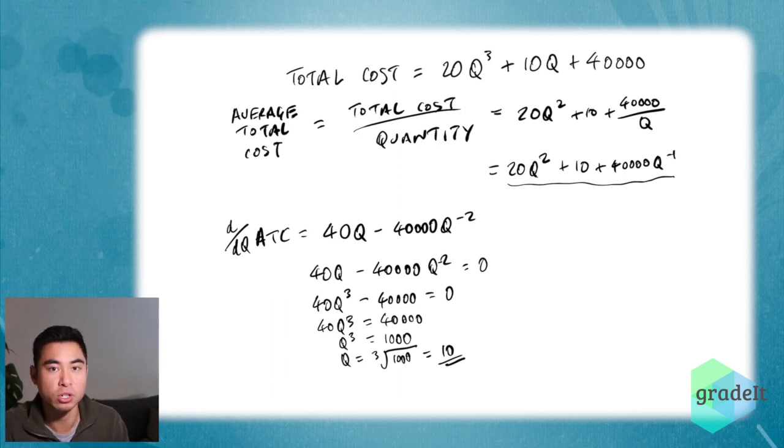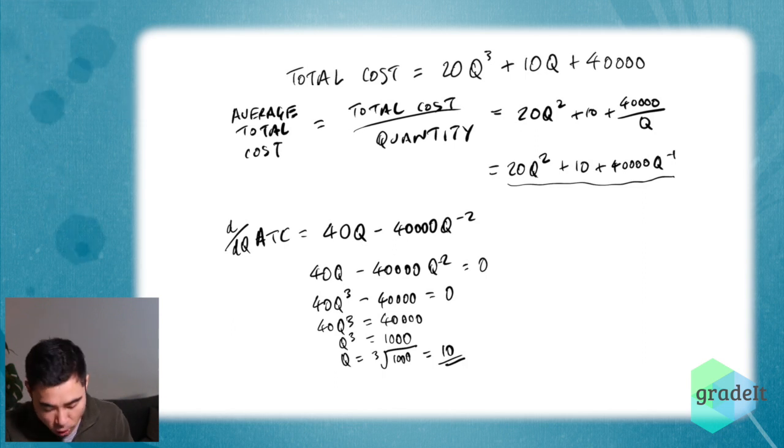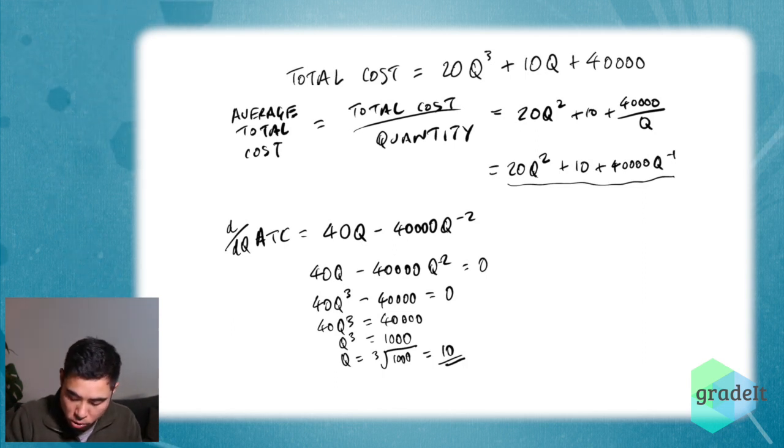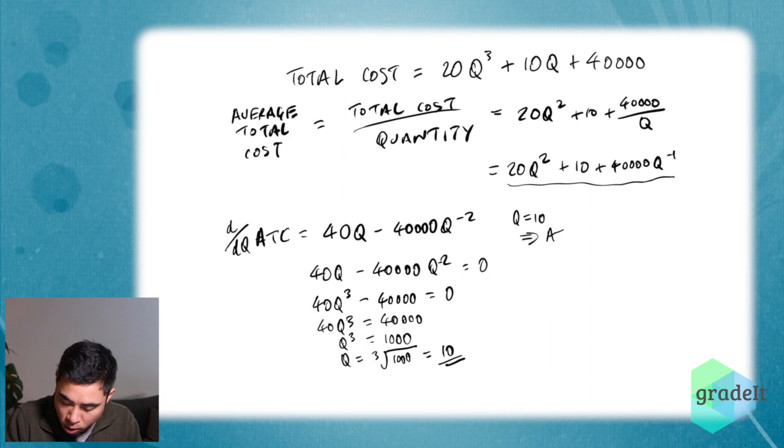I can do the next bit of the question, which says what is the minimum value for average total cost. So what I'm going to do is substitute this quantity into my average total cost function.